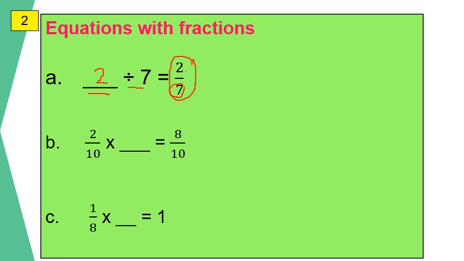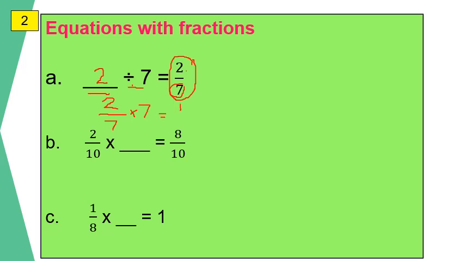Now I can actually prove this using an inverse operation. So what I'm going to do is put the 2/7 at the start of my equation. And then I'm going to do the inverse of division, which is multiplication. So I'm going to multiply by 7. Now, when we multiply a fraction by a whole number, we only need to change the numerator, the top number.